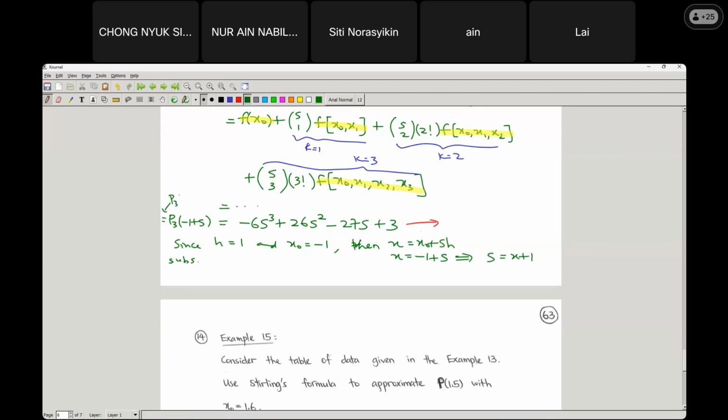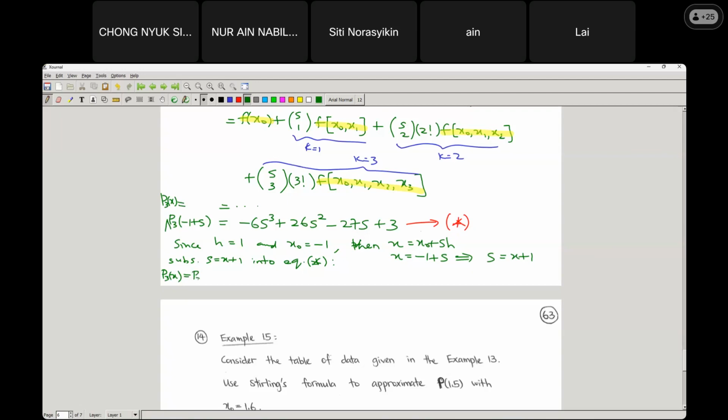Here is P3, so I want to get P3(x). Now I'm going to substitute s equal to x plus 1 into equation star.